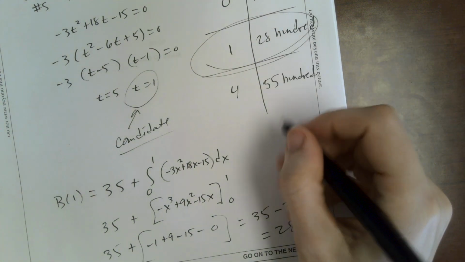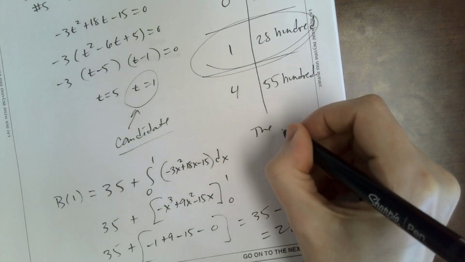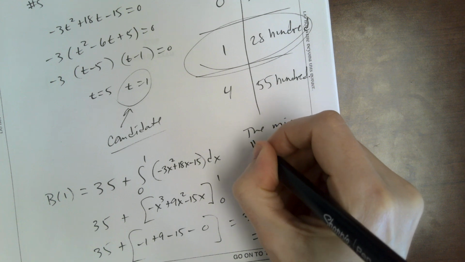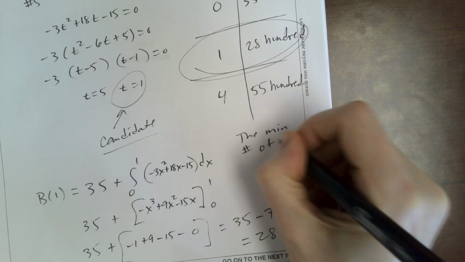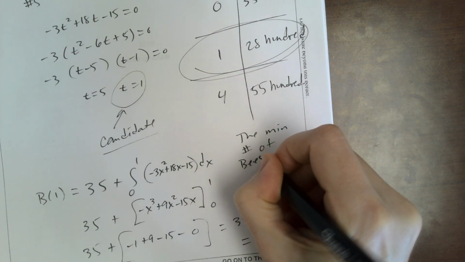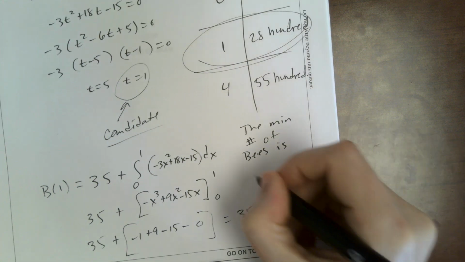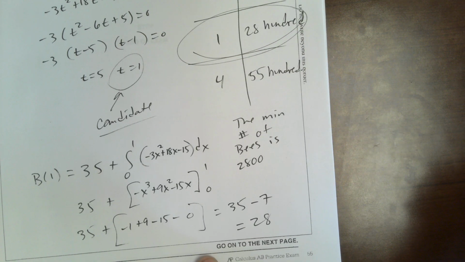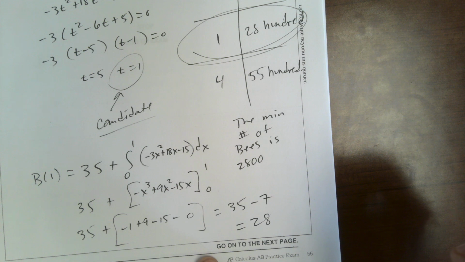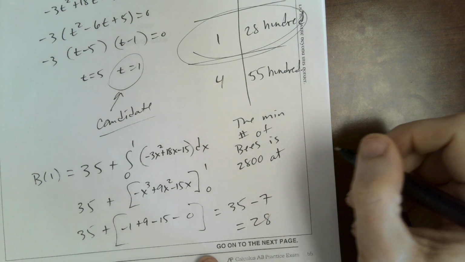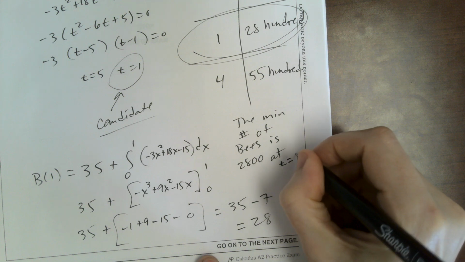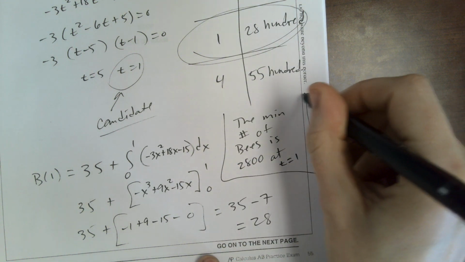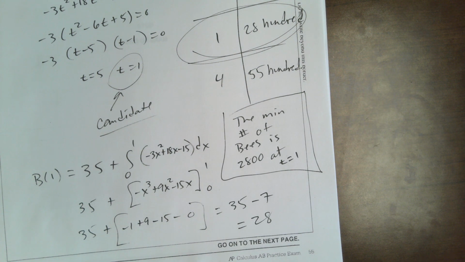So I'll say the minimum number of bees is 2800, and I'll say at t equals 1. Okay, guys, there it is.